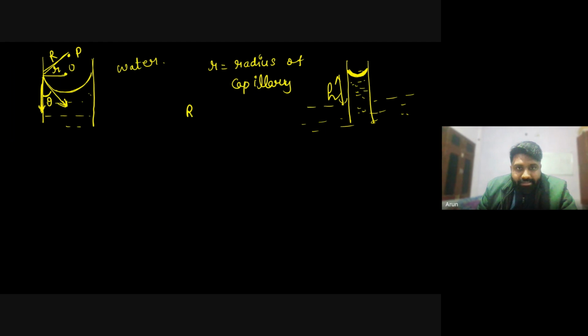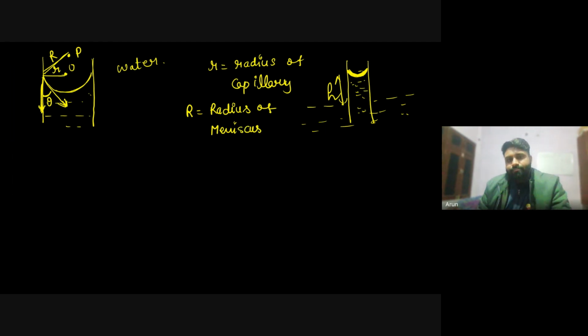This capital R is the radius of this concave meniscus, which is concave. Now, if you will see here, this angle is theta. The total angle between this surface and this surface is 90. If this is theta, so this angle would become 90 minus theta.